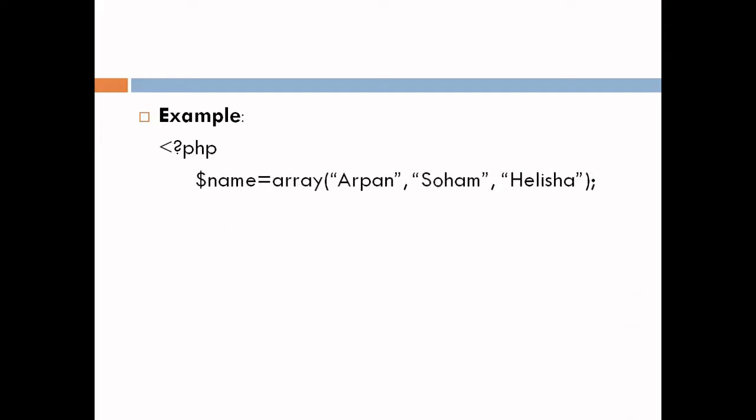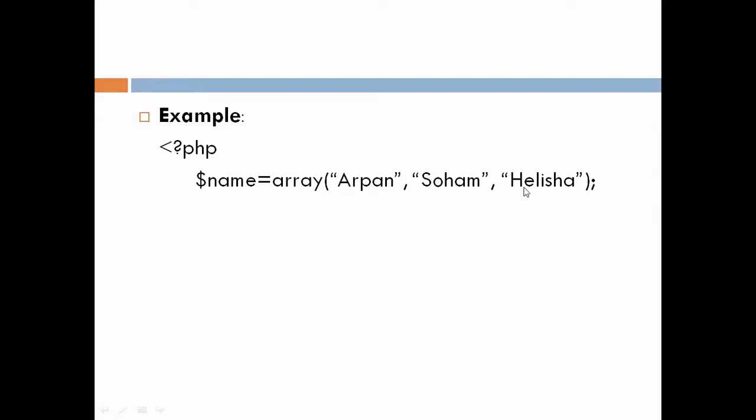Now, an example. PHP starting tag. $name is equal to array, in brackets. I have provided three values. The first value is Arpan, the second is Soham, and the third one is Elisa. All three values belong to the string data type.